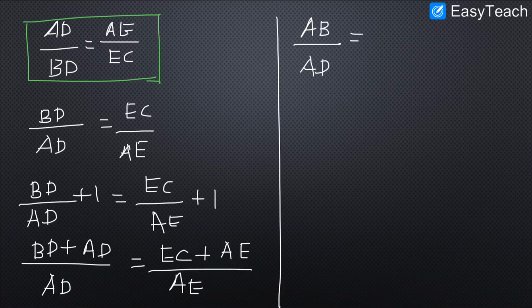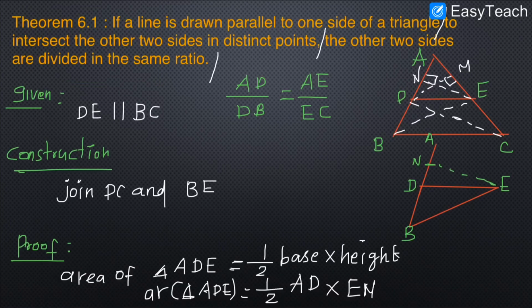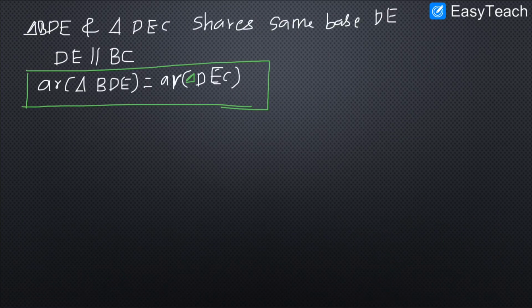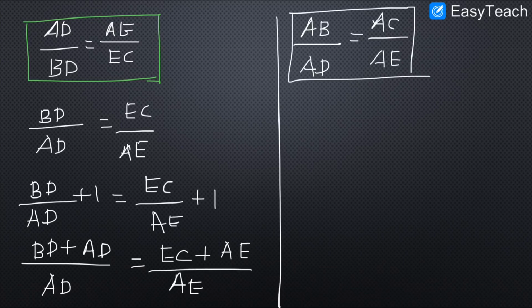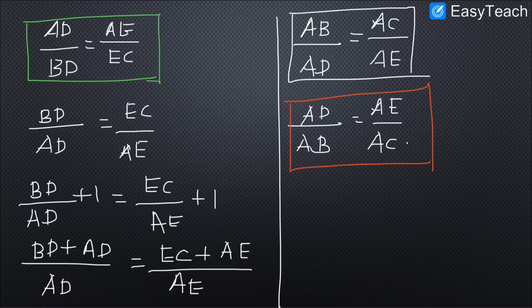So AB upon AD equals, for EC plus AE, look here, CE plus AE is AC, the whole part. So let me write AC upon AE. So this is also a result, and at the same time the reciprocal of this one, AD upon AB equals AE upon AC. So this is also true.